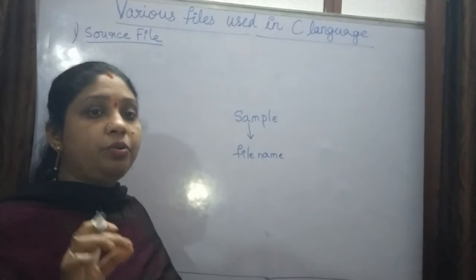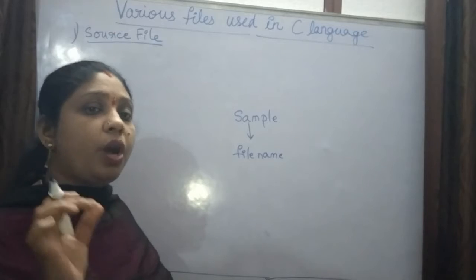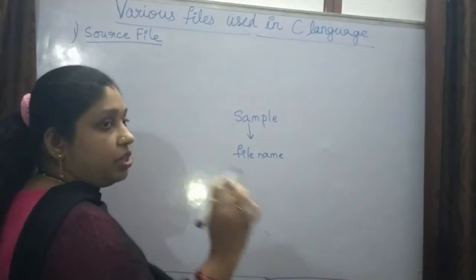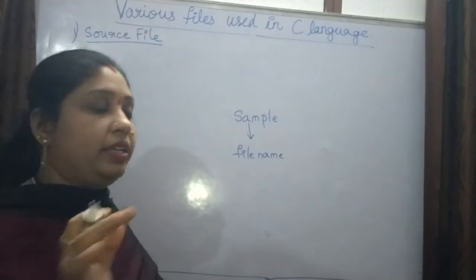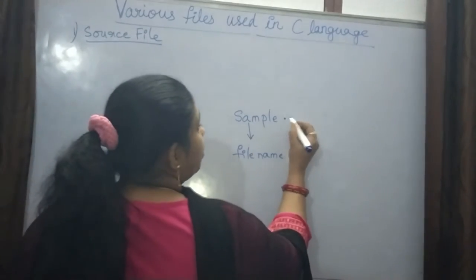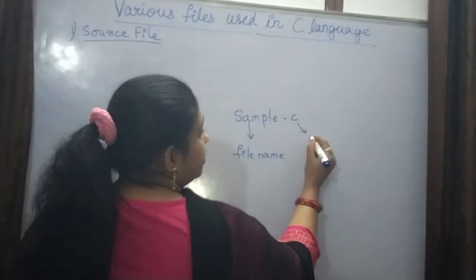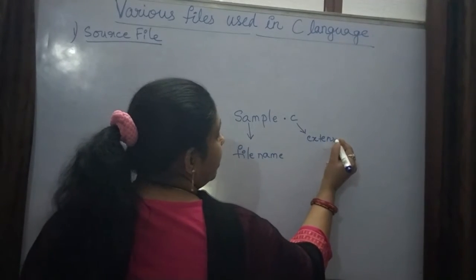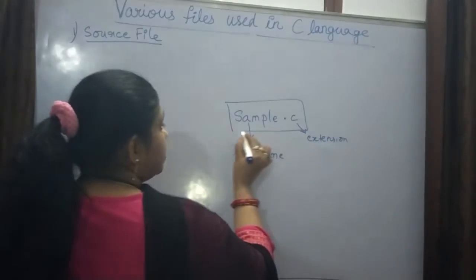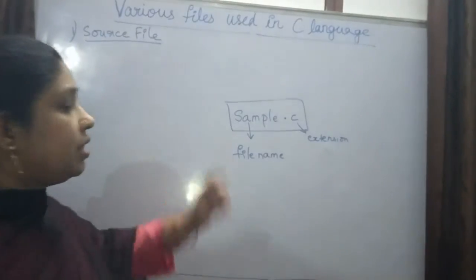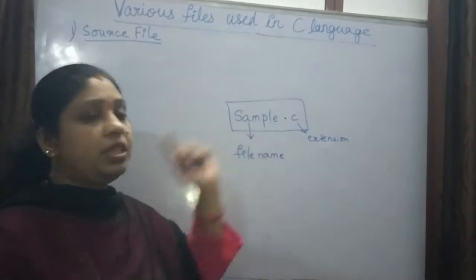And how will you recognize that this is a C program? You have to give an extension name also. Our C language has the extension .c. So this is the file name and this is the extension. Any name, but .c should be there.